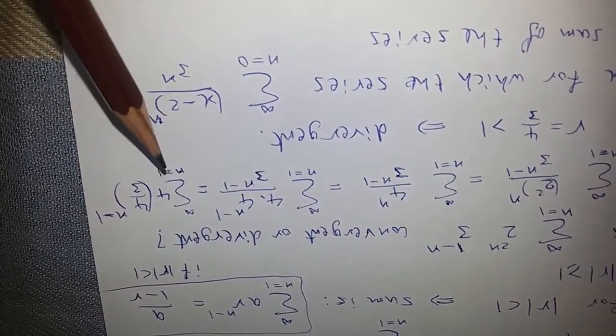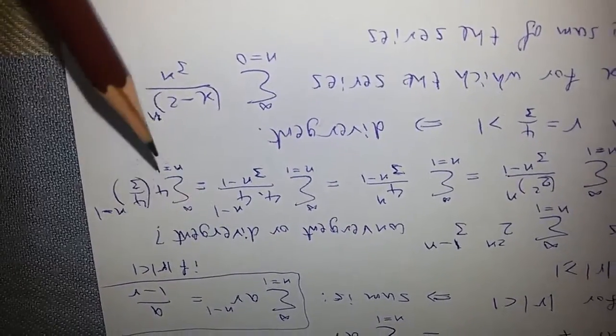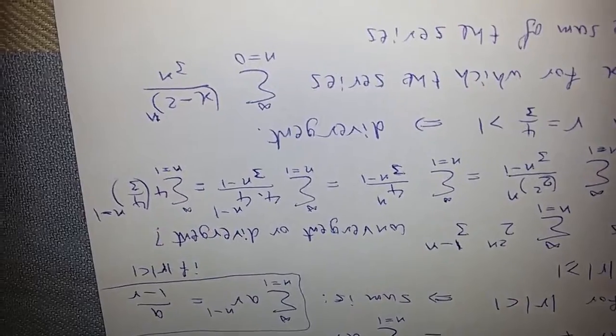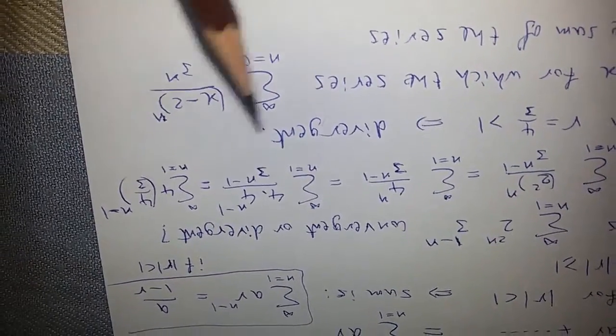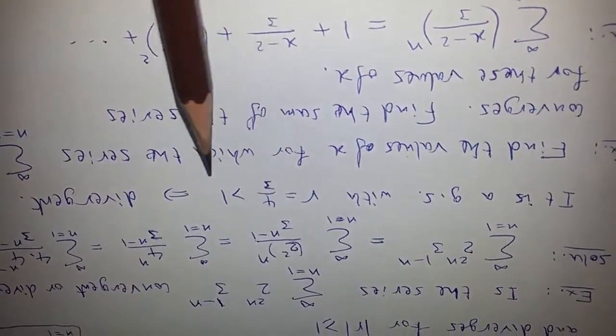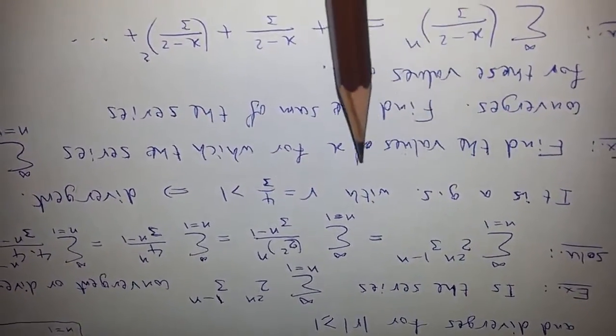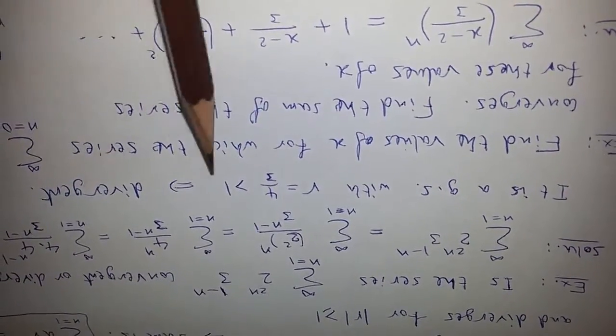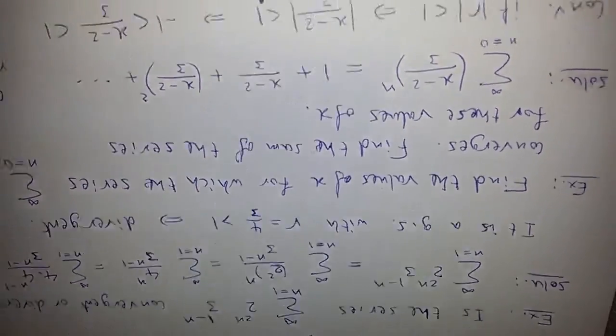What is the first term? 4. And the common ratio is 4 over 3. Look, 4 over 3. Is it less than 1 or greater than 1? It is greater than 1. So this is a geometric series with common ratio greater than 1. So this geometric series is divergent.